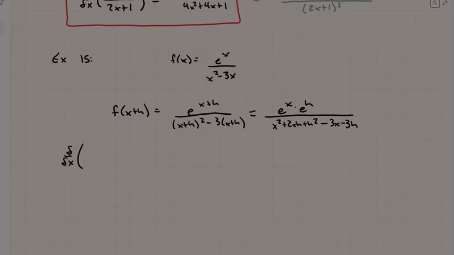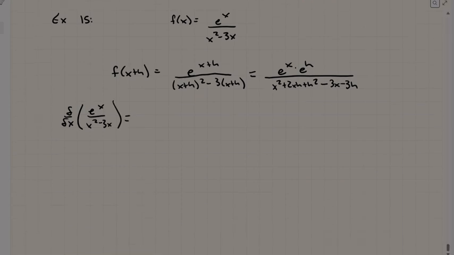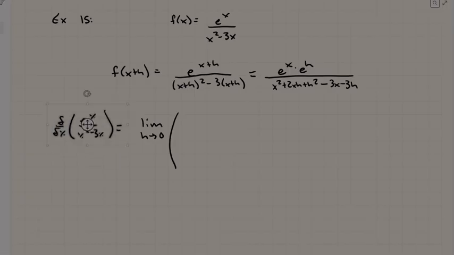So then we can define the derivative of e to the x over x squared minus 3x as the limit as h goes to 0. Let's move this down a little bit. We're going to need some space here.